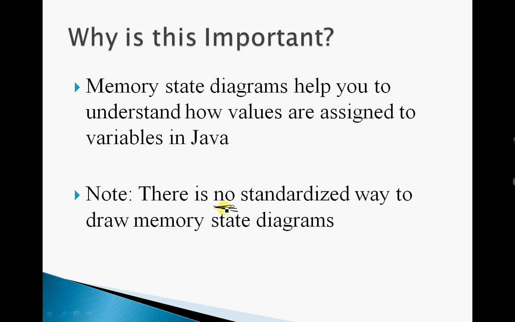UML stands for Unified Modeling Language, whereby in a UML class diagram, a class has to be a rectangle, the class name has to be at the top, and stuff like that. Remember that there is no standard way to draw memory state diagrams, so be very careful when you say a diagram is wrong. What is important is that your diagram needs to be clear, right?